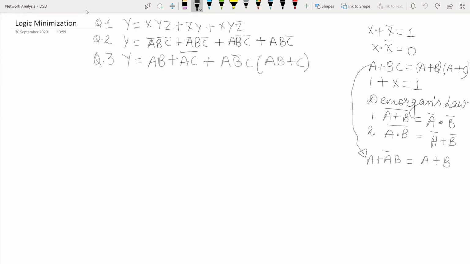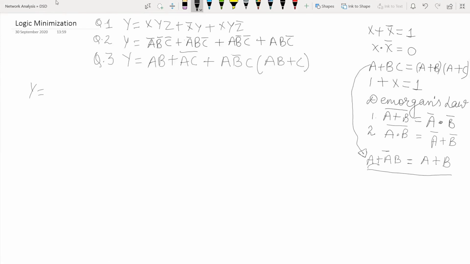A plus BC is equal to A plus B into A plus C, this is distribution theorem. 1 plus x is equal to 1, this is OR law. This is De Morgan's law, which we are very familiar with, and this is an extension of the distribution law, which we will be using directly. Okay, so let us start with the first question.